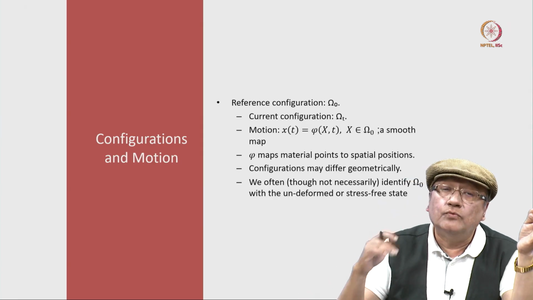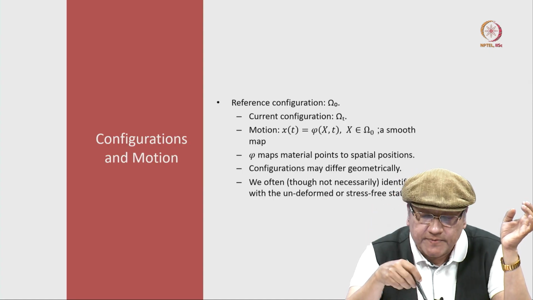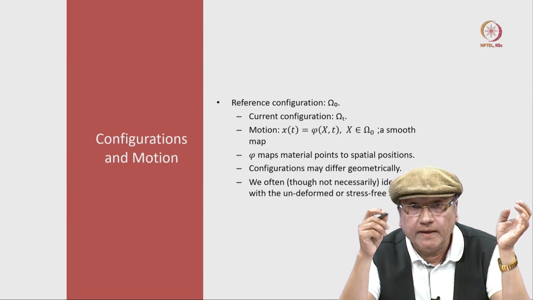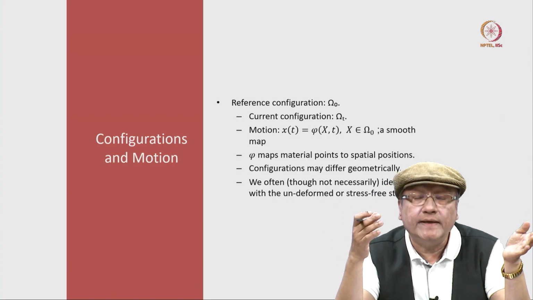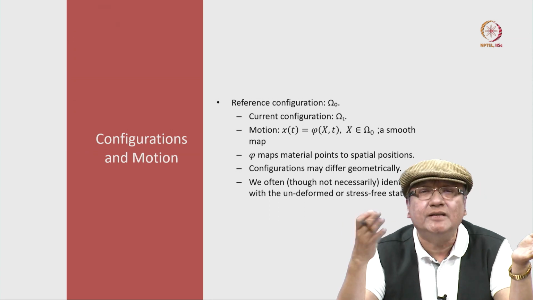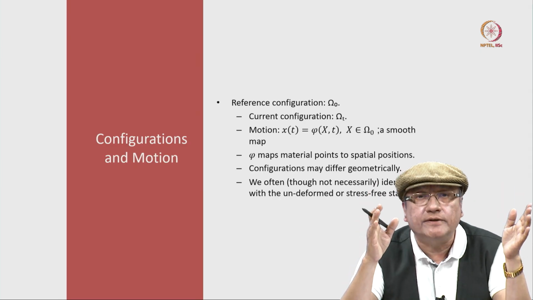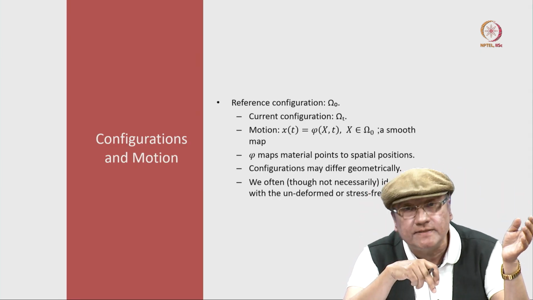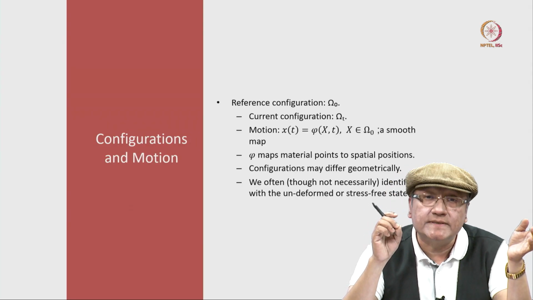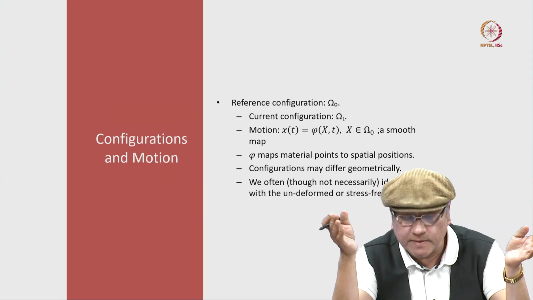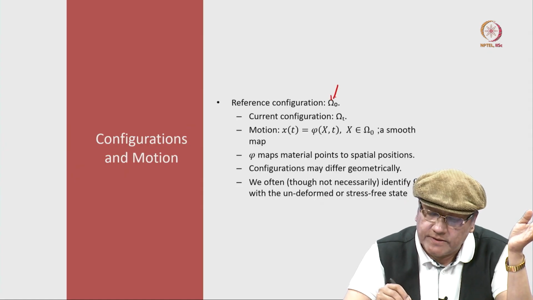But we have to now assign appropriate coordinates to these points, right. So, herein comes the notion of a reference configuration. A reference configuration is all about a material body itself, perhaps, or a transformation of the material body. Typically, we talk of an identity transformation, that is, let the material body itself denote the reference configuration, but with the additional caveat that you now describe each material point with an appropriate coordinate system, maybe a Cartesian coordinate system or something else, and call this reference configuration as omega 0, right.